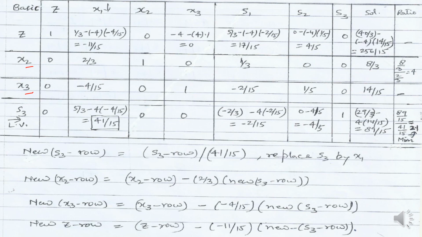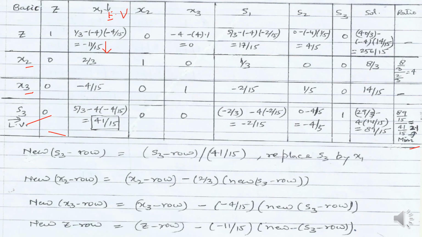When we do the calculation as we did in the previous, each element calculation has been written here, and we see this becomes the minimum and this becomes the leaving variable. Again this becomes our pivot row, and this is most negative, so this becomes our entering variable.